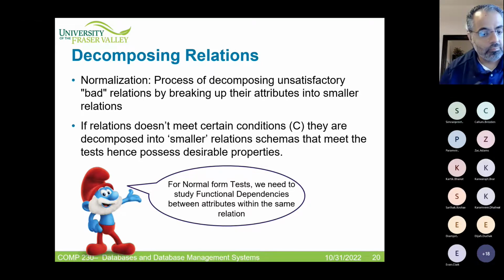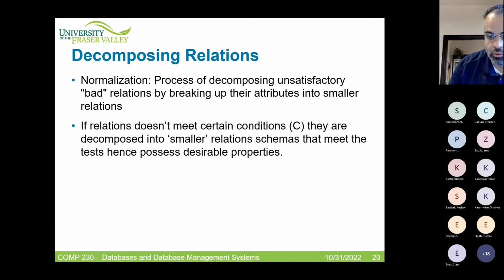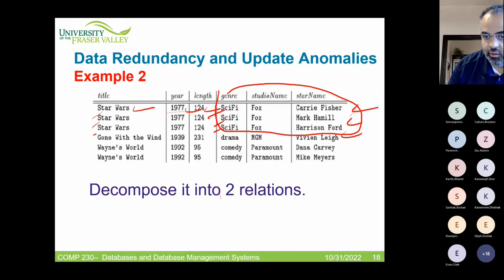So Papa said that to make this normalization step, we need to study functional dependency between attributes within the same relation.